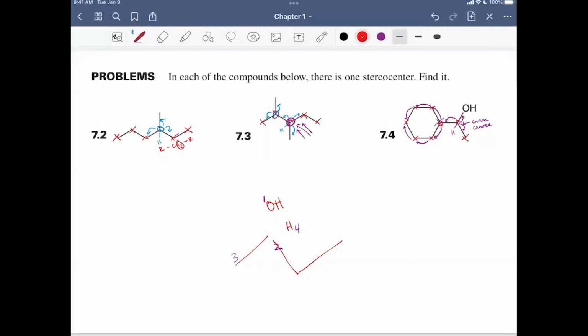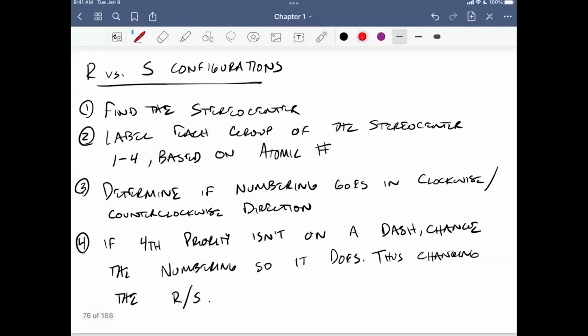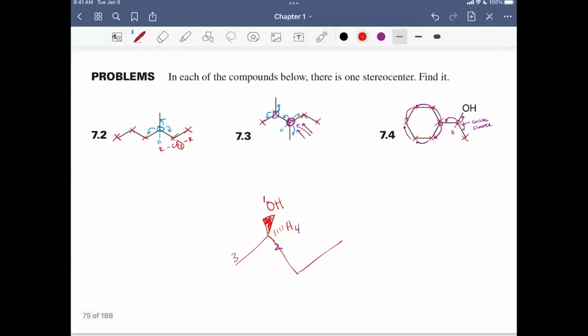And for these practice problems, they'll show a wedge and a dash. You want your highest priority, that number 1, to be on a wedge, and you want your lowest priority, which will more than likely be a hydrogen, as a dash. So now it asks us to determine if numbering goes in a clockwise or counterclockwise direction.